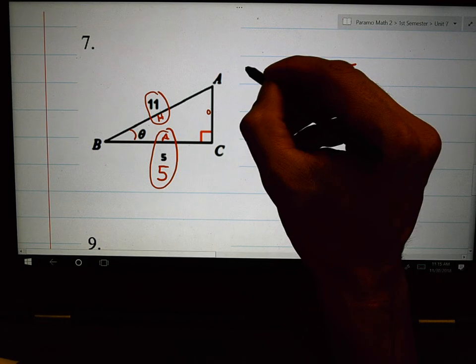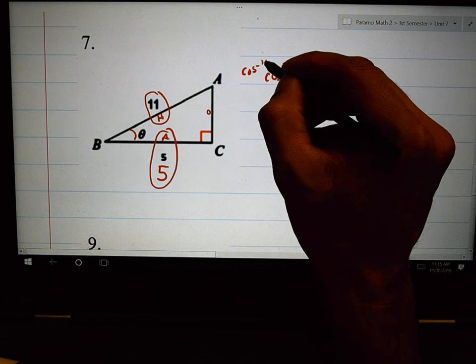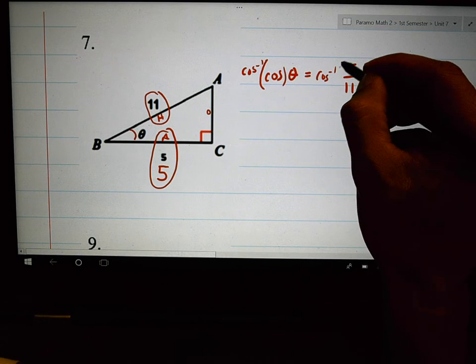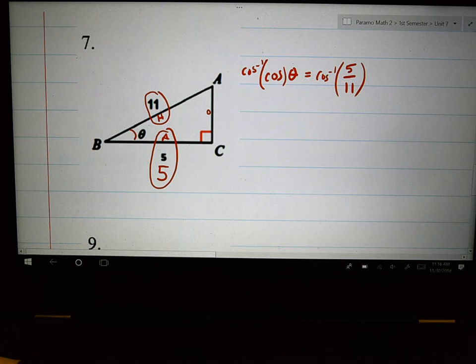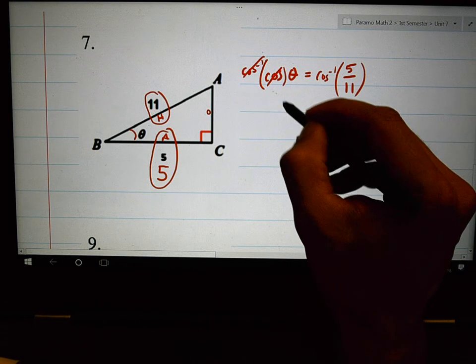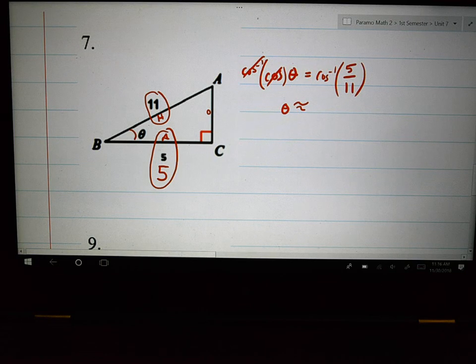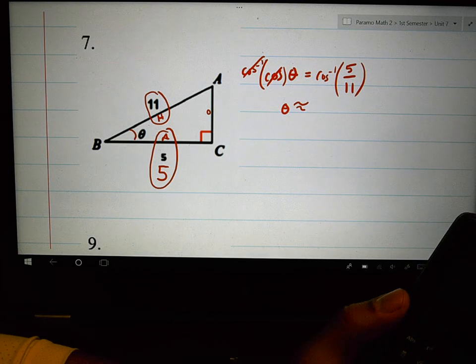So in this case, I'm doing the arc cosine, otherwise known as the inverse cosine. Whatever I do to one side of my equation, I do to the other. And then theta will be about equal to whatever the inverse cosine of 5 over 11 is. You have calculators, plug it in. See if you get the same thing as I do.